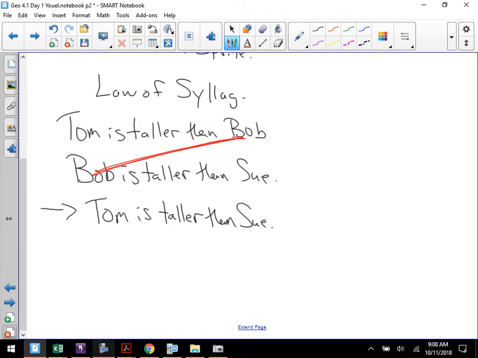What you end the first sentence with is what you start the second sentence with. It's smooth. I think it's a smoother sounding setup than the detachment. Moose has pizza, he has a Sprite. Moose had a pizza, Moose had a Sprite. Tom is taller than Bob, Bob is taller than Sue. There's the repetitiveness.